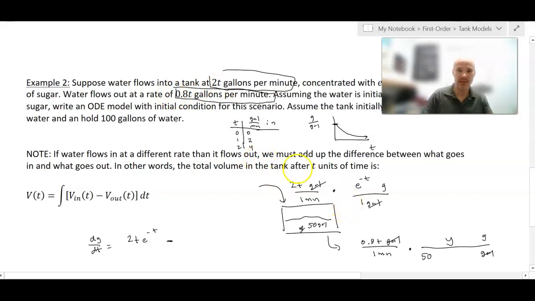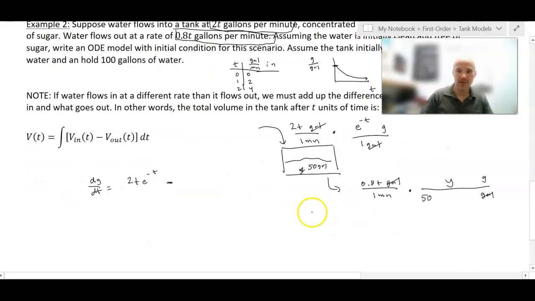So let's do this. First of all, the difference in the change in volume per change in time is equal to 2t in minus 0.8t out.